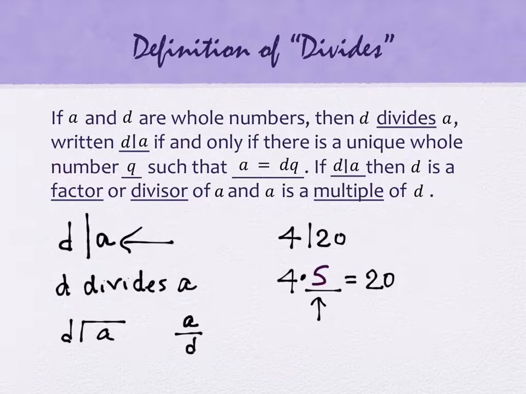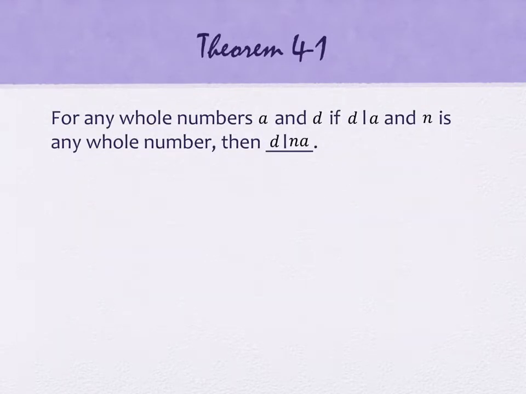So we've got some different facts about division that are going to come about in these first few slides. This is the first one. For any whole numbers A and D, if D divides A and N is any other whole number, then D divides NA. We'll carry on with the same example. We said 4 divides 20, and nobody fussed at me, so we must be okay with that, right?